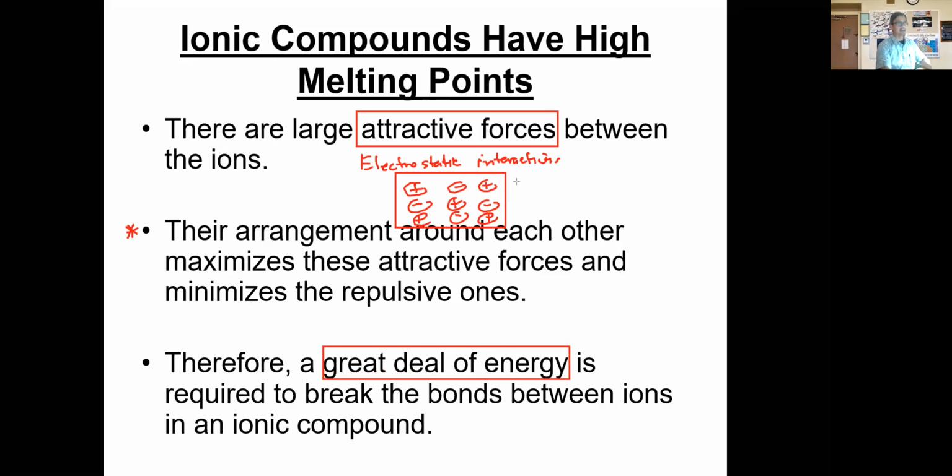If the interaction between two ions is strong, the interaction between billions upon billions of those ions arranged with their opposite charges together will be even stronger. And that is how we can account for the high melting points of these ionic compounds.